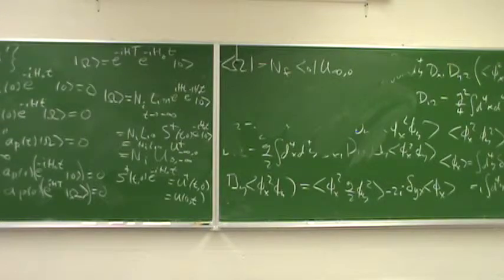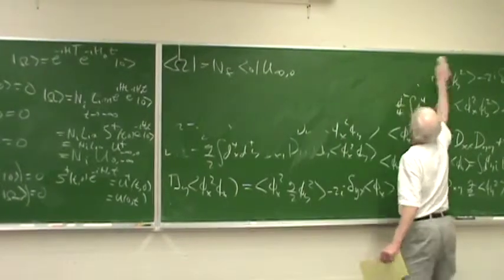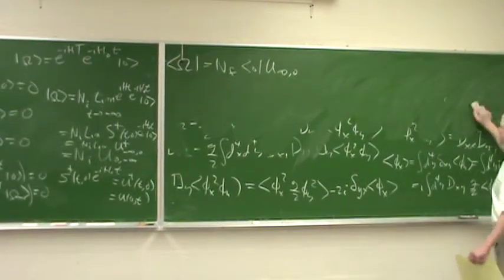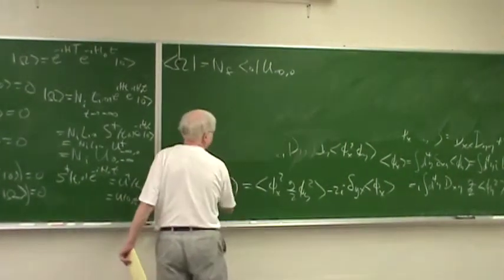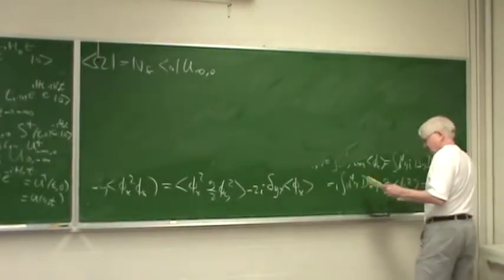All right, now let's go over here and start the derivation. This is actually just putting together what we already know, and most of it is straightforward. It's a matter of kind of bookkeeping.